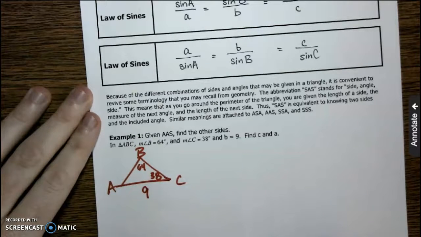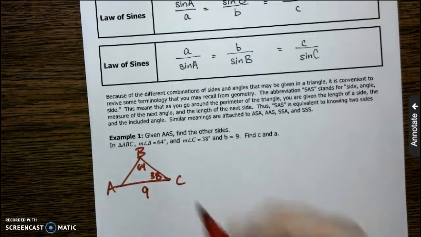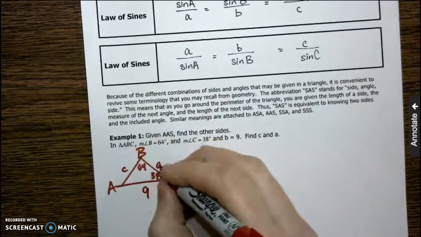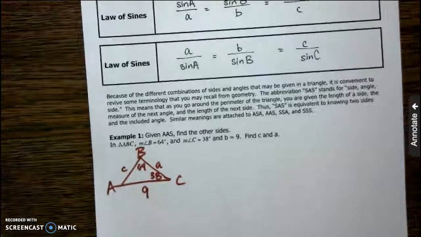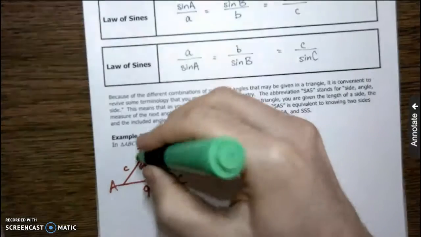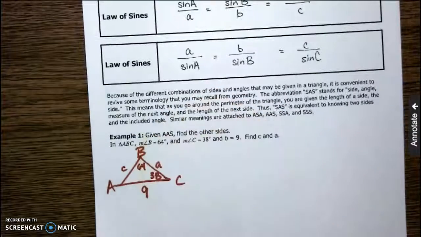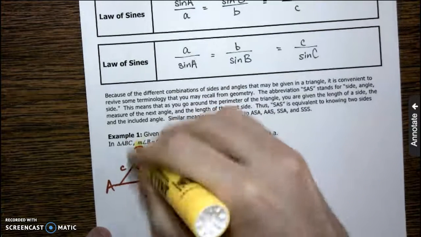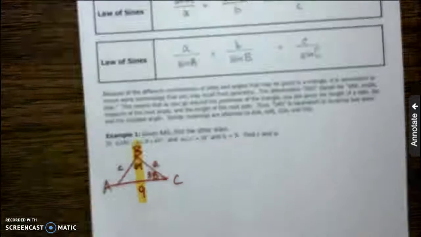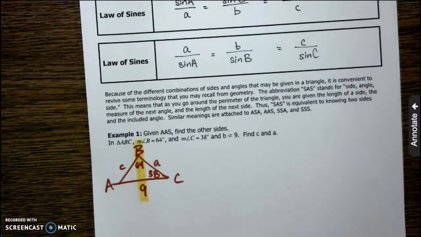They want us to find both side C and side A in this problem. When you look at law of sines, you want to look for opposites. Right now, I have angle B, and I have its opposite side, side B.